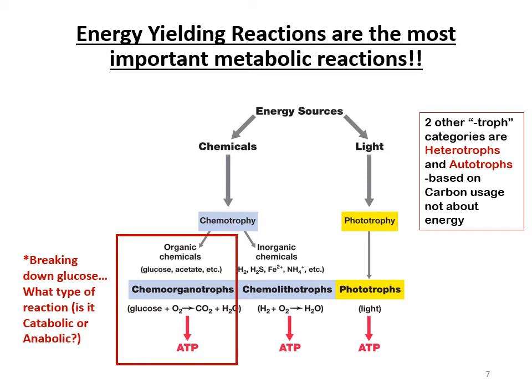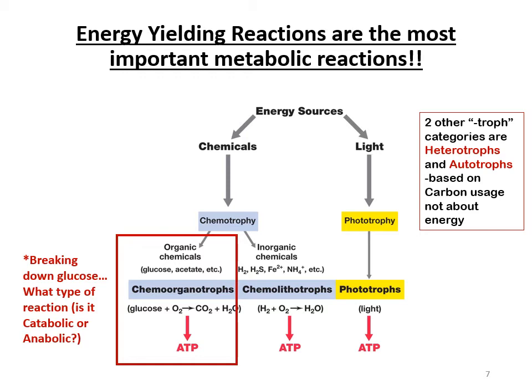Now, in this case, since you have an organism breaking something down, would you consider that reaction catabolic or anabolic? And what you have to do is remember our little visual, right? Catabolic. Scratching, scratching, scratching up that sofa, tearing it apart, breaking it down.